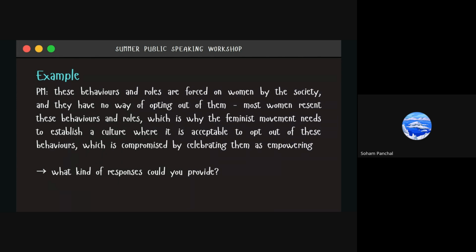Could you repeat what you're trying to say? What I'm trying to say is that the motion says this house opposes the fact that having short hair is empowering for women. But the PM is actually saying that a feminist movement should have this option of opting out of these roles. The PM is against.